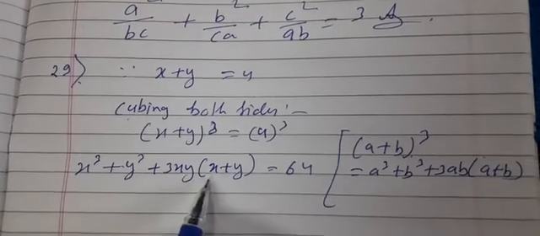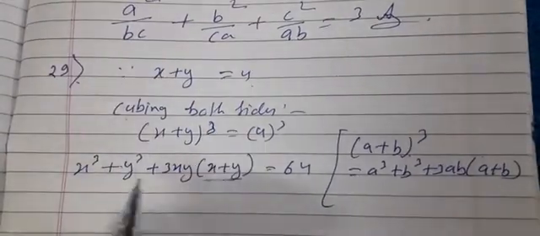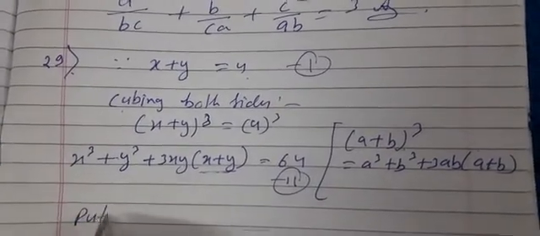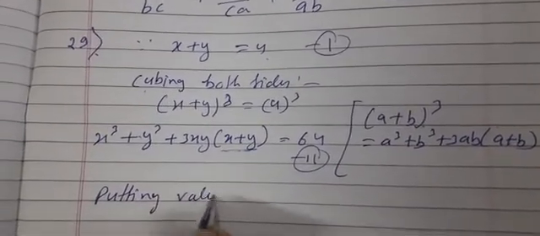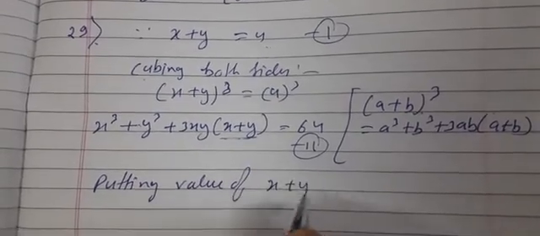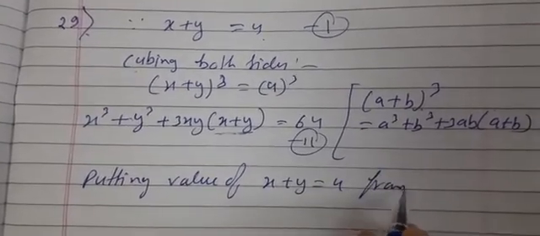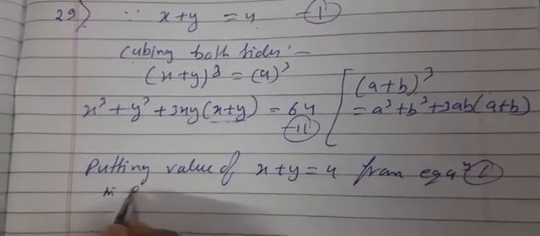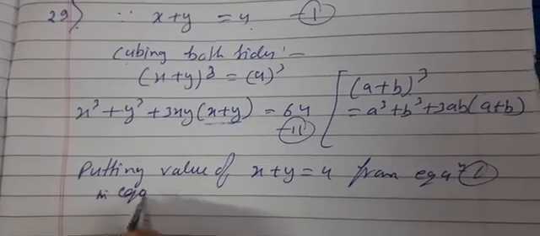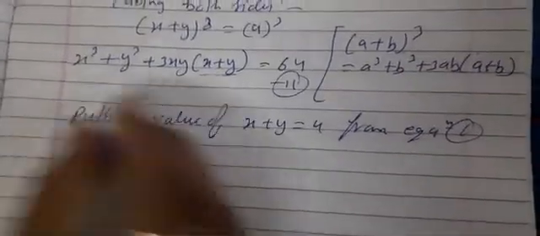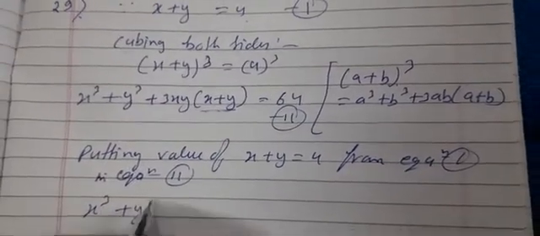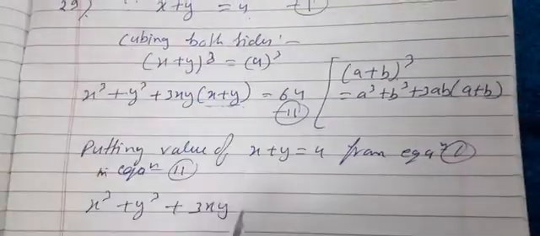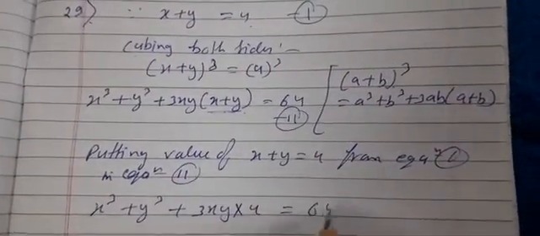No need to open the bracket, you just see the value of x plus y is given as 4. So mention it as equation 1. Putting the value of x plus y equal to 4 from equation 1 in equation 2, that is x cube plus y cube plus 3xy, and in place of x plus y we write 4, into 4 is equal to 64.